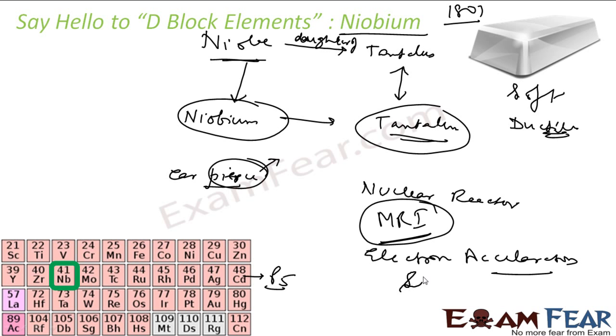It is used in steel production. It also has some radioactive isotopes, but it has stable isotopes. So these are the major uses of niobium, and the funny part about niobium is the way it is named from Greek mythology, Niobe, the daughter of Tantalus.